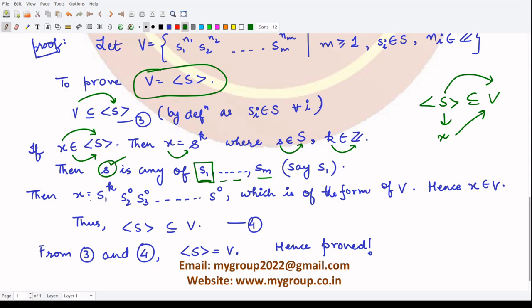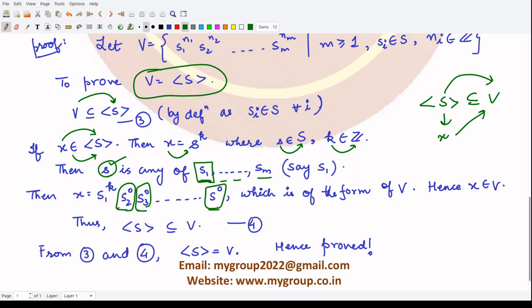So what does it mean? We can write X as S1 raised to power k, and all the other elements written as power 0, right? We can do that, there is no issue, because each of these is basically 1.